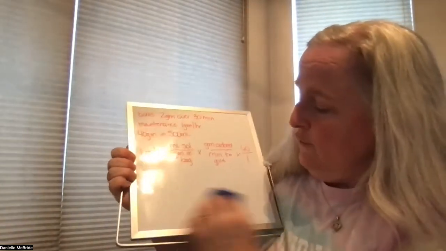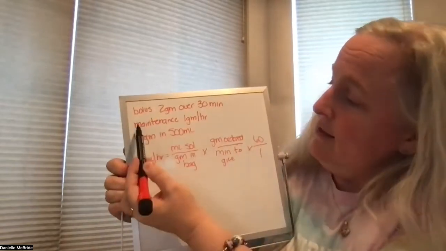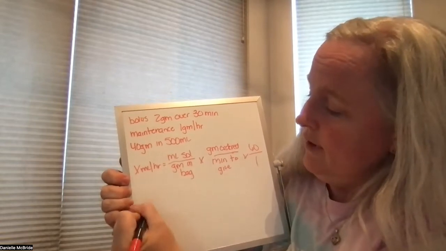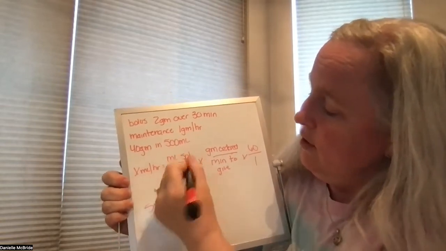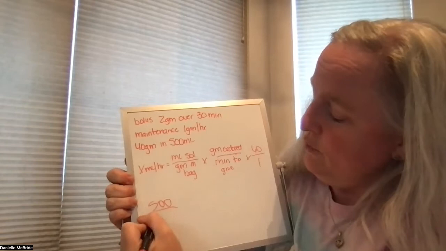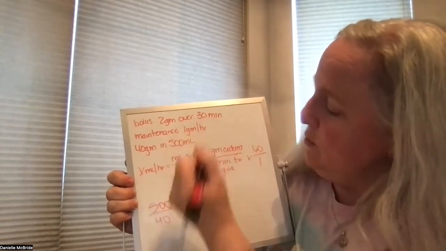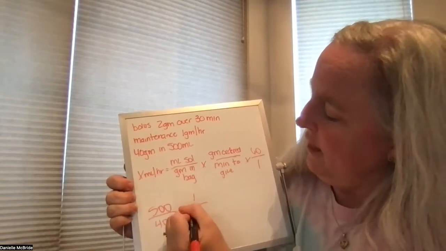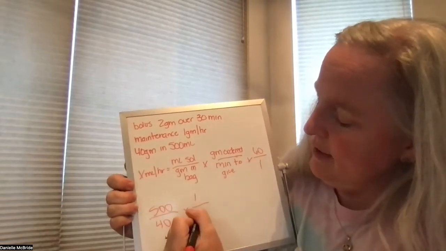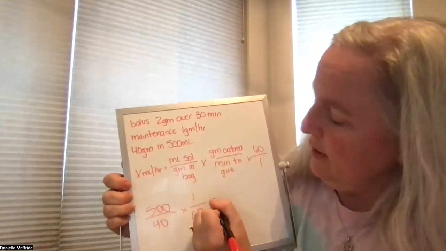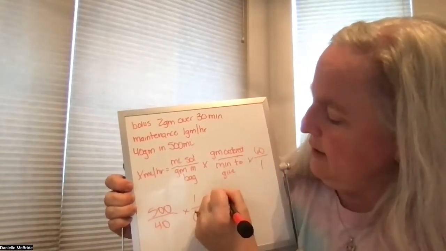All right, so using the formula again for the maintenance, we want milliliters of solution, which is 500 milliliters, over grams in the bag, which is still 40. Grams ordered is 1 gram. Minutes to give now is 60 minutes, right? We're giving 1 gram per hour. All right, and then times 60 over 1.